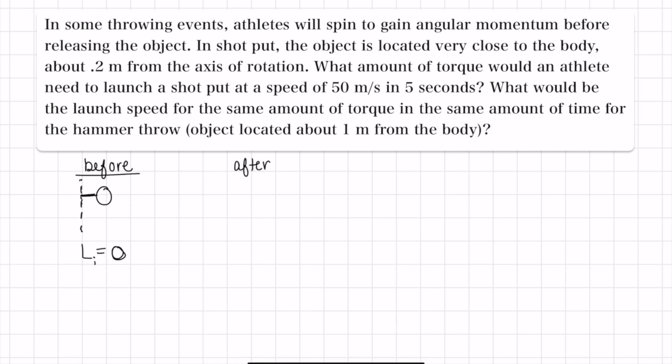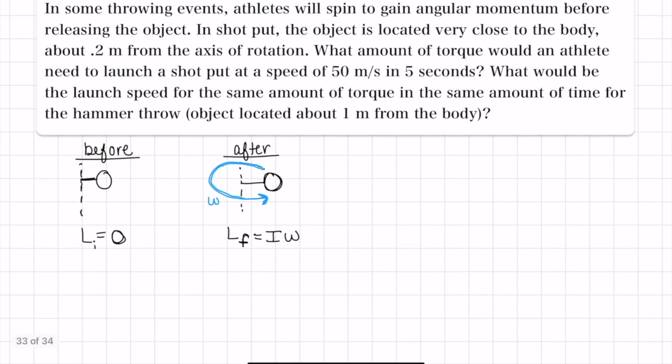And then right before it's released, it has gained, so imagine it's been spinning in a circle this way. I guess it doesn't matter what direction, but we'll just put it that way. Right before it's released, it will have accumulated some omega. So we'll now have our L final equals some I times omega, where I is going to be the moment of inertia of the ball.